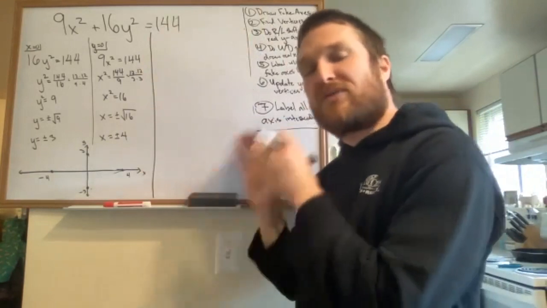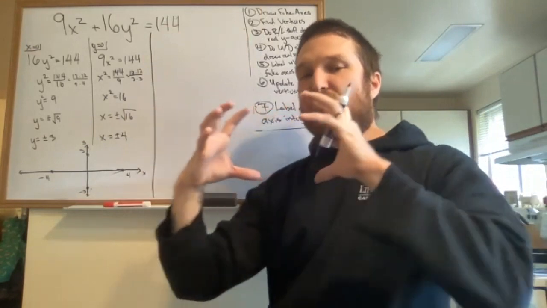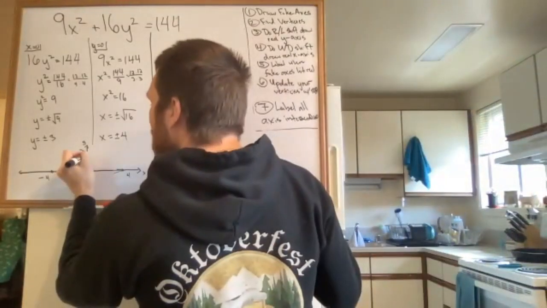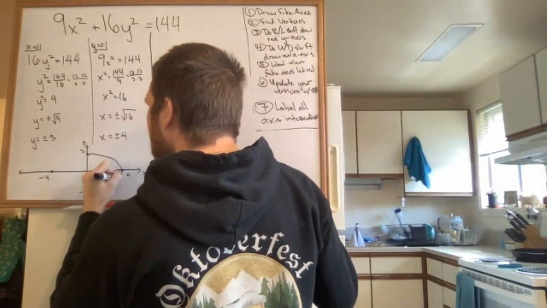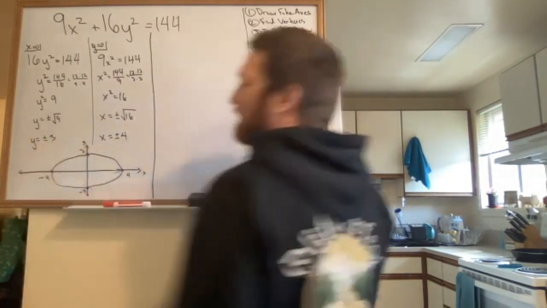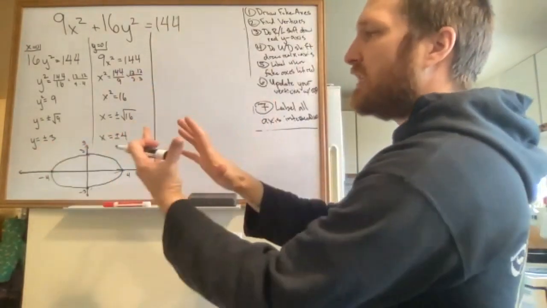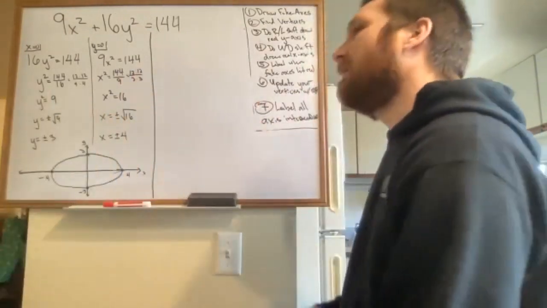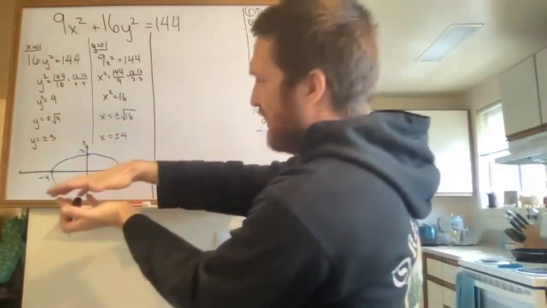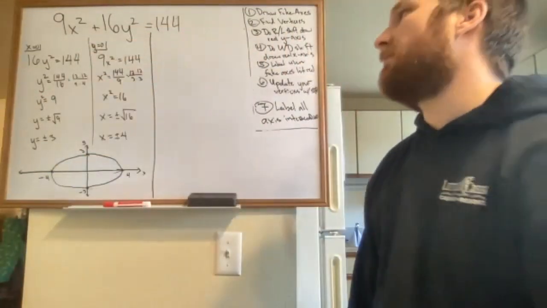We could go through systematically and show why this is indeed a circle that has been stretched in one direction and stretched in another direction. But right now, in the interest of time, we're just going to take it on faith that that's what's going on. This thing is a circle that has been stretched by a factor of 4 in the x direction and by a factor of 3 in the y direction, and that's what we end up with there.